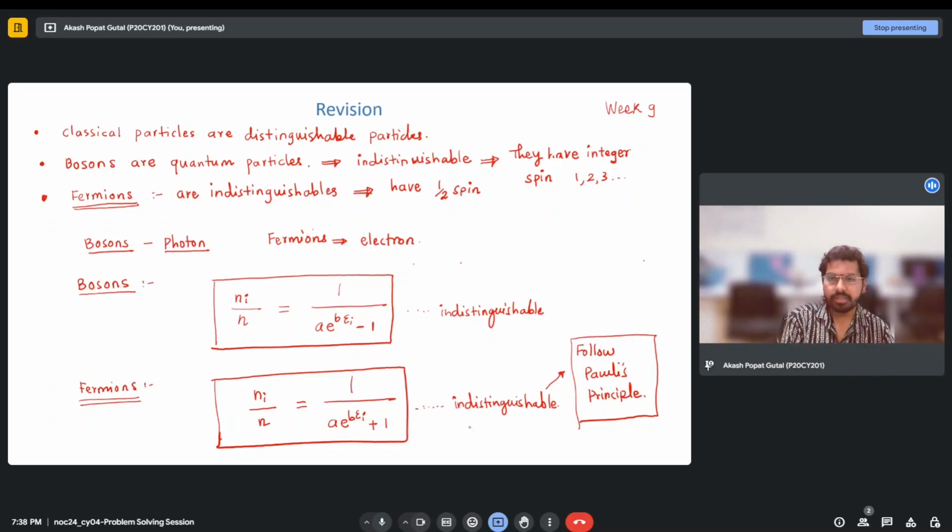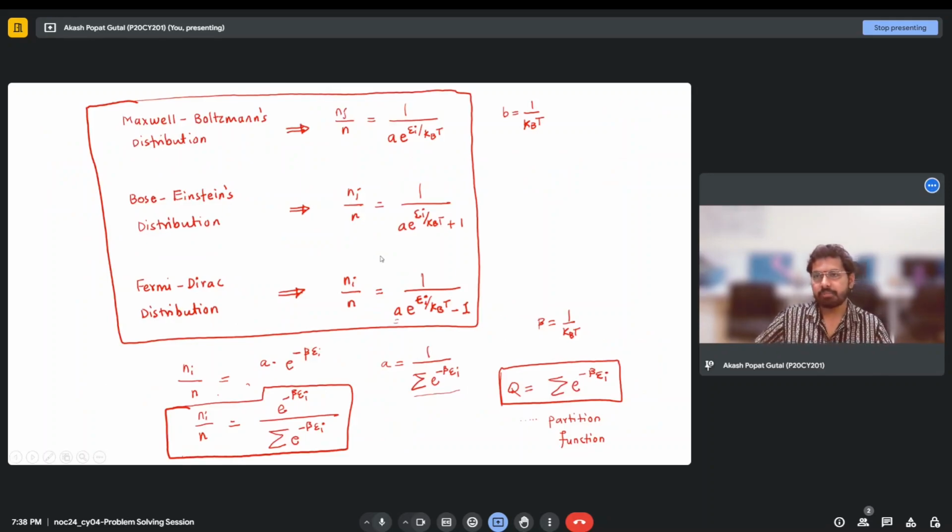And we should remember these three equations: Maxwell-Boltzmann distribution, Bose-Einstein distribution, Fermi-Dirac distribution. Maxwell-Boltzmann is for classical particles, Bose-Einstein distribution is for bosons, and Fermi-Dirac distribution is for fermions.